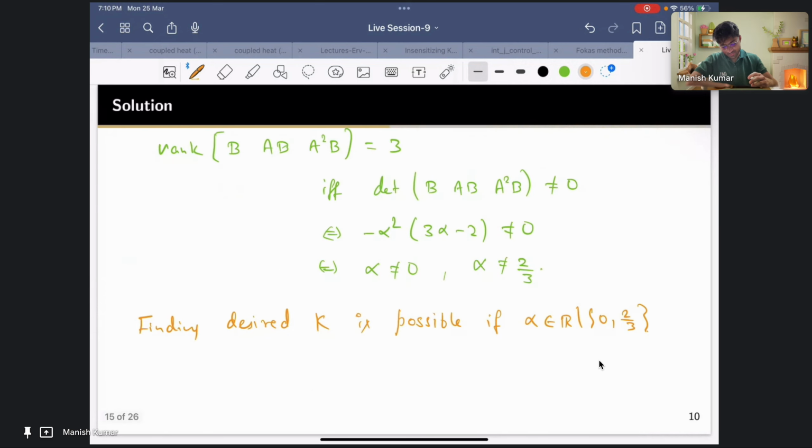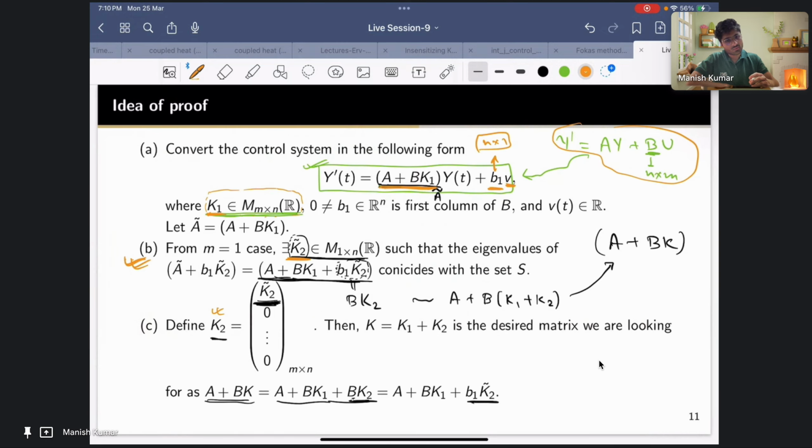Okay, see. If we have multiple controls, that is, more than one, B is n cross m, then we should go to this form. Why have I gone to this form? See, earlier our system was this. Now this matrix A is n cross n, this B is n cross m, and this is a vector in R^m. Now what we have done is somehow split the control.